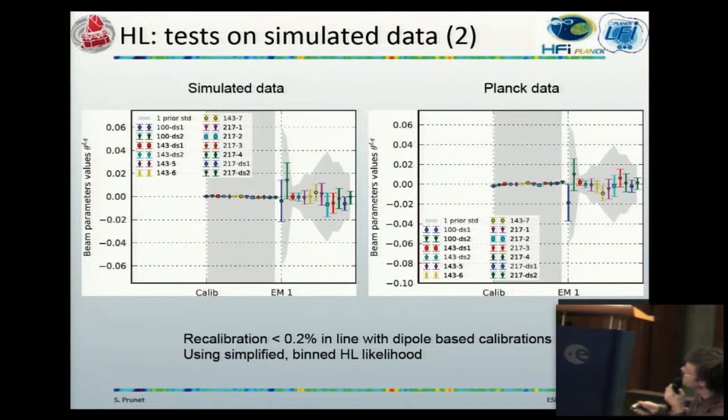The beam error modes are a bit small, have larger error bars, but they are compatible with no correction. That is what we get on the Planck data. And so we see slight recalibration, which are smaller than 0.2% in amplitude, and that's a remarkable achievement. And this is in line with the expected level of errors we get on dipole measurements for individual channel maps.